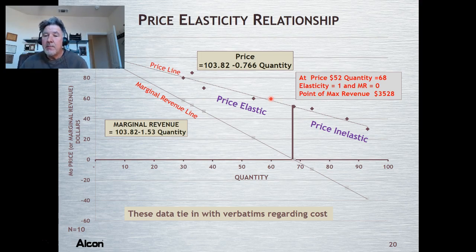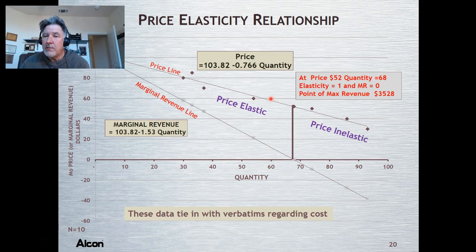So the issue here is that it's not just about pure price, quantity and demand. We need to pivot, as marketers, our customers to think about benefits, and hence what we have is a price benefit model.